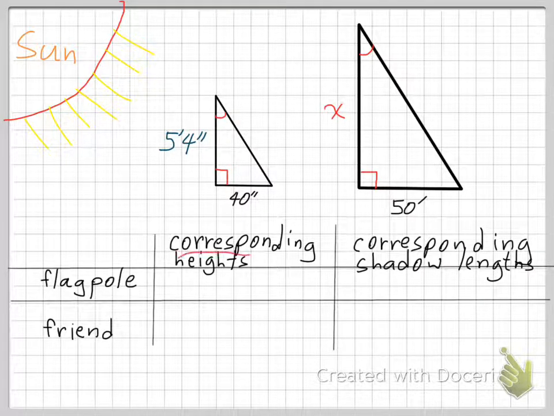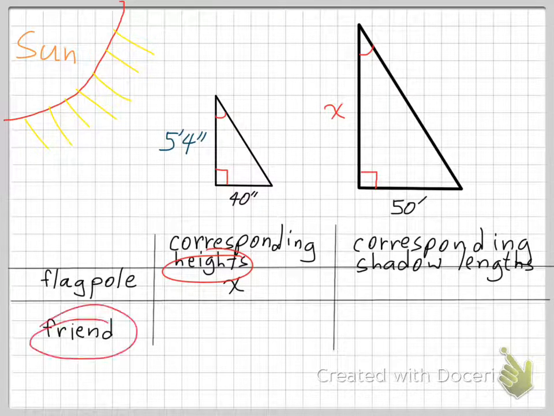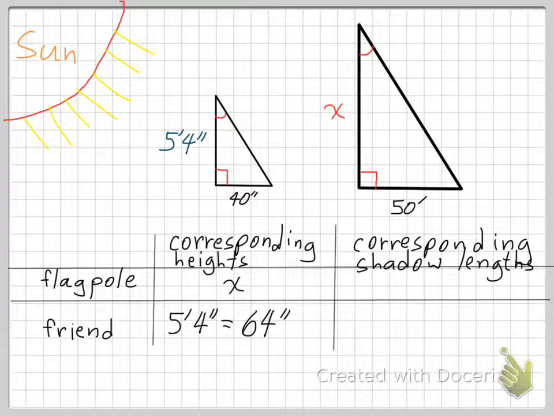So what is the height of the flagpole? That's what we're trying to find out. It's x. And then how tall is your friend? That's 5 feet 4 inches tall, which is 64 inches, right? Because there's 12 inches in a foot. 5 times 12 is 60, plus the 4 is 64 inches.